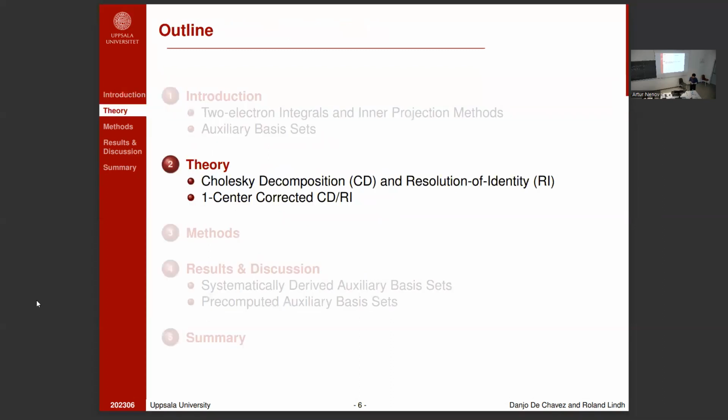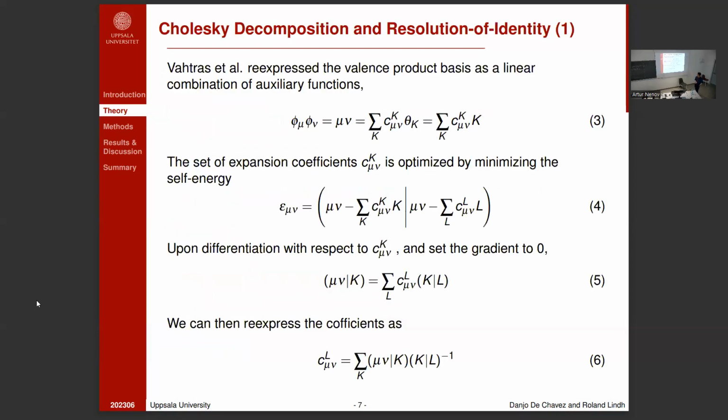So for theory, Cholesky decomposition and resolution of identity, I'd like to lay the foundations on that and then what we actually did. So it was actually Boatz who expressed the valence product basis. Equation 3 is just the reiteration of what I gave earlier. In this case, I just use the notation K for the auxiliary basis function.